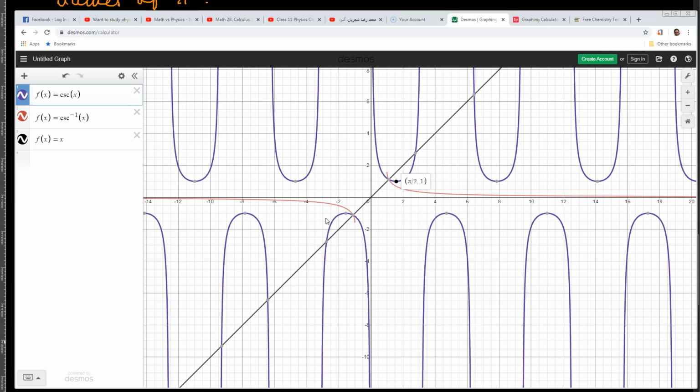Now, there was something that we talked about, which was the principal value, I keep forgetting the name, the principal value branch of the cosecant function, which is all the parts that you see over here.